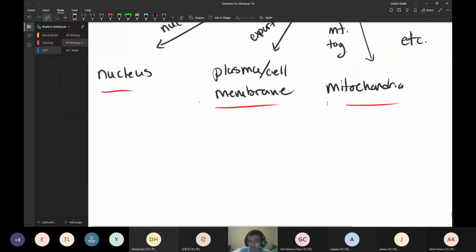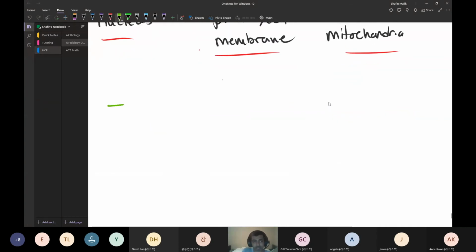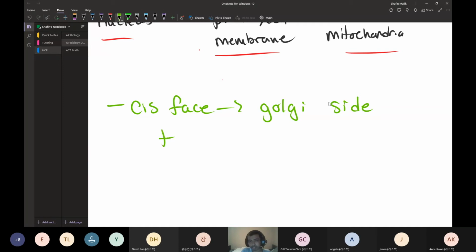So in the Golgi apparatus, the cis face is the Golgi side that faces the ER. And it's the receiving side.